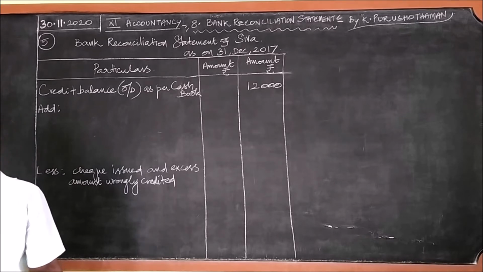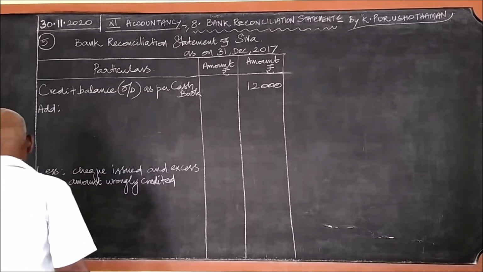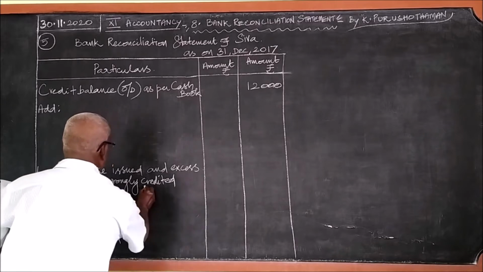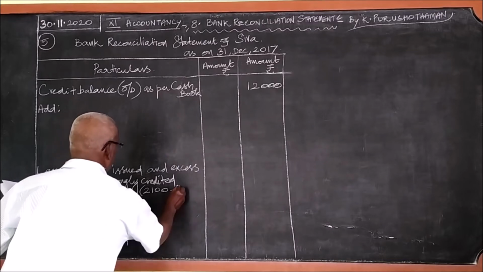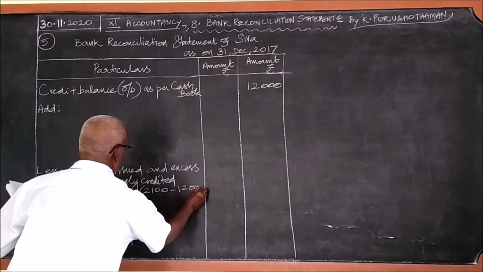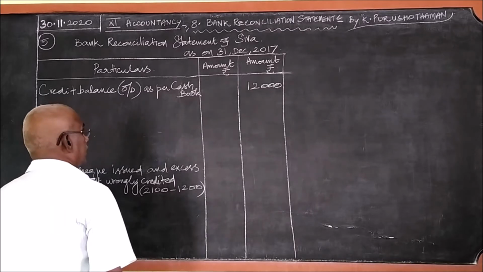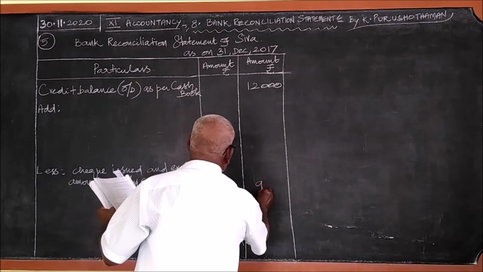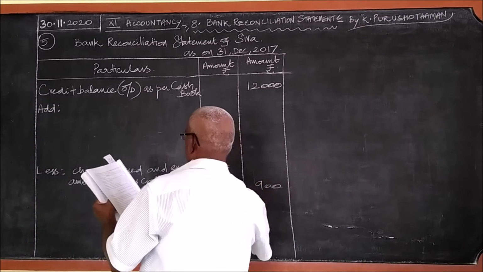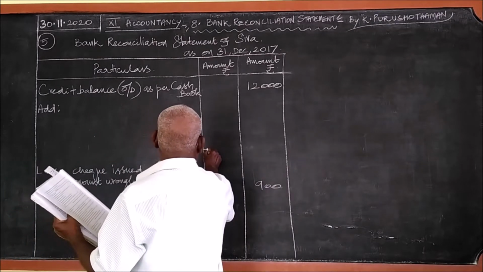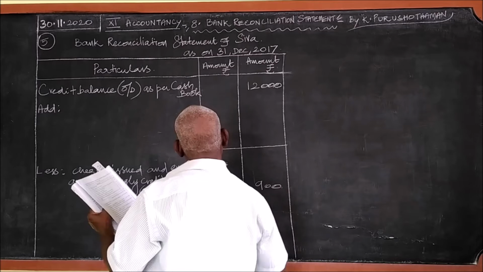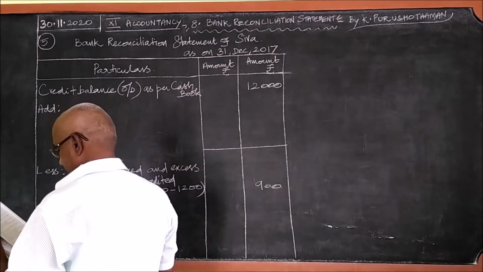Amount wrongly credited: 2,100 minus 1,200, that is 900.